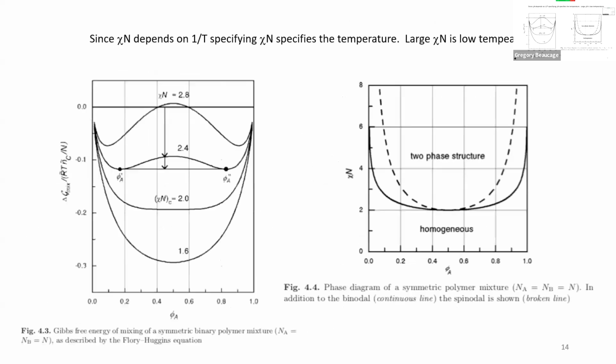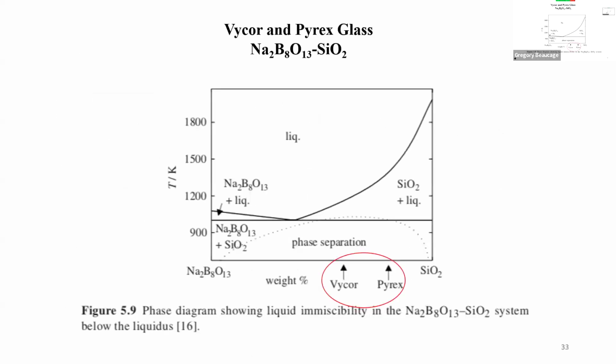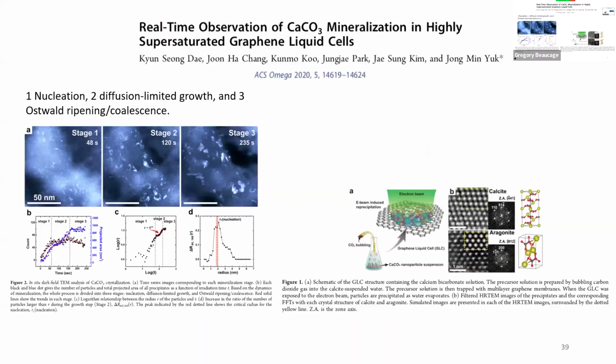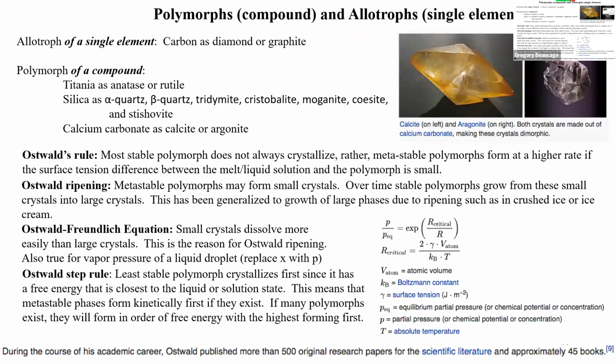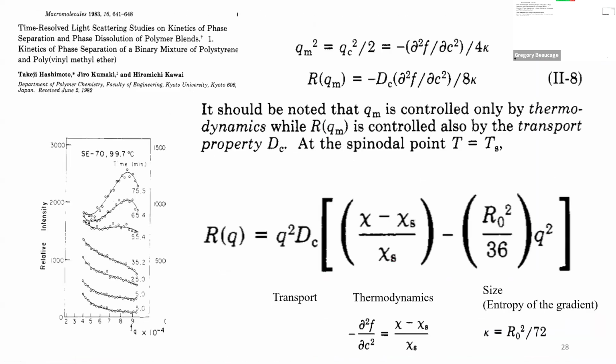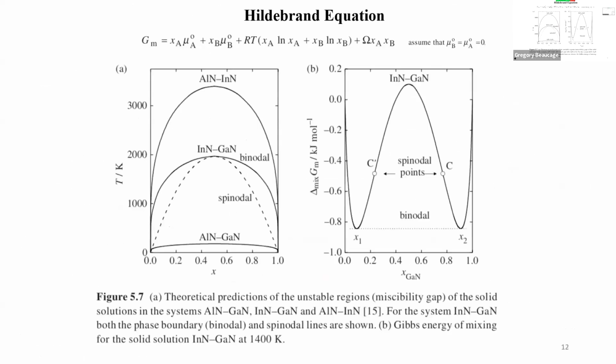The last thing in here is about this business of polymorphs and allotropes. So you have different crystal structures, and polymorphs and allotropes introduce the idea of Ostwald ripening. So that's in this chapter too. Anyway, spinodal is the main thing. So that's why the homework is about spinodal.